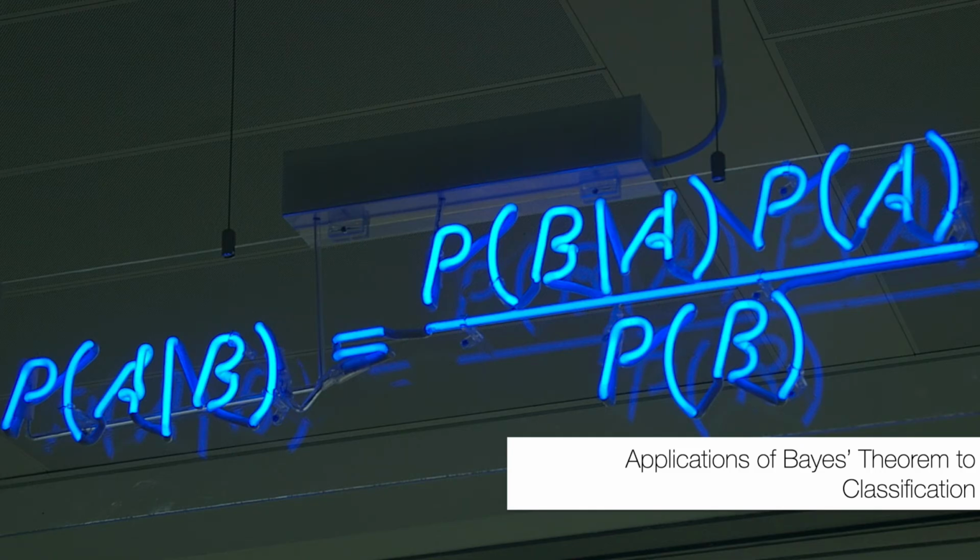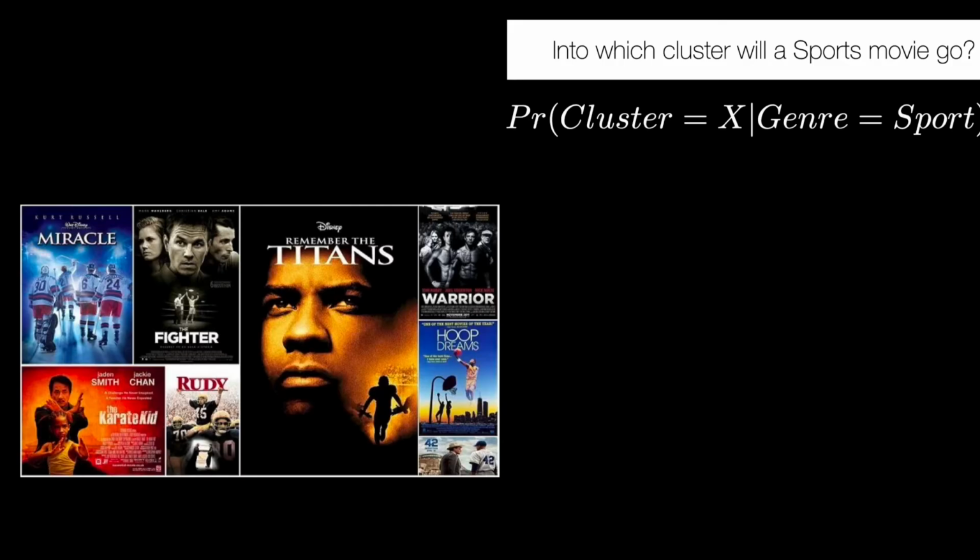To anchor all of this discussion about regression and classification in our lecture from last time on probability, we can see how Bayes' theorem helps us do classification.